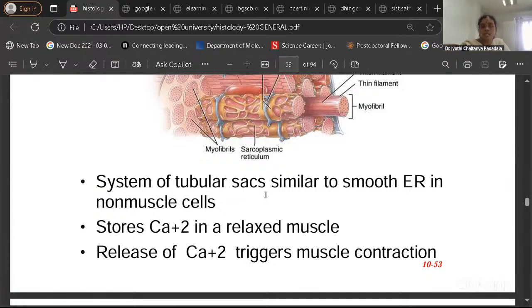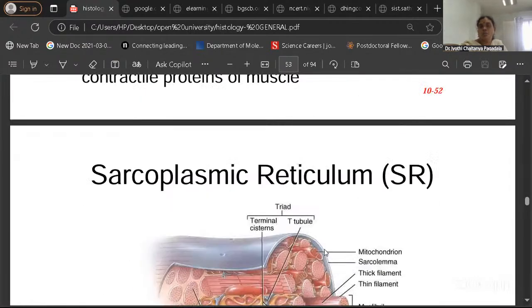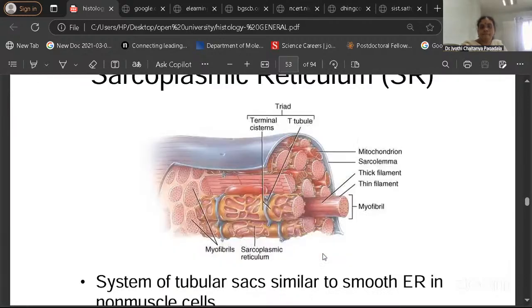A system of tubular sacs similar to smooth endoplasmic reticulum in non-muscle cells is called sarcoplasmic reticulum, which contains mitochondria, sarcolemma, thick filament, and thin filament, and it also contains myofibrils and sarcoplasmic reticulum.